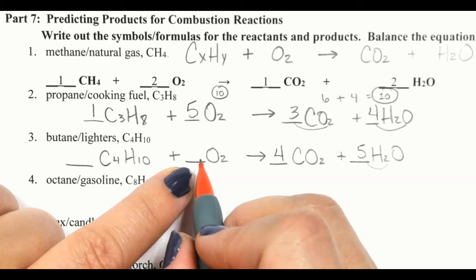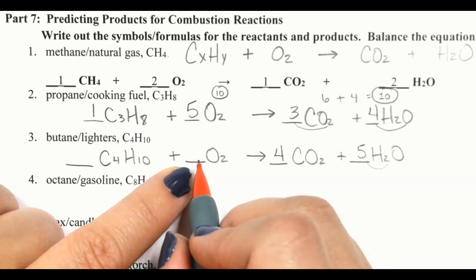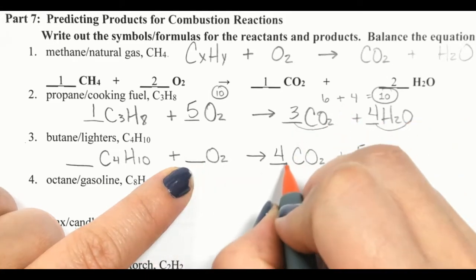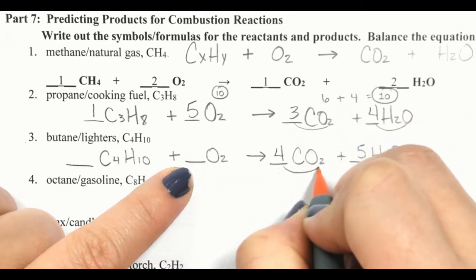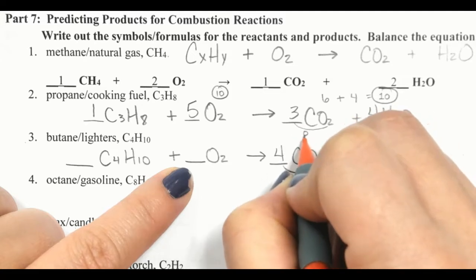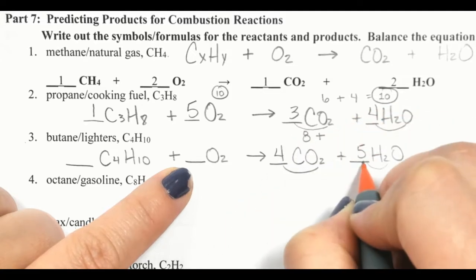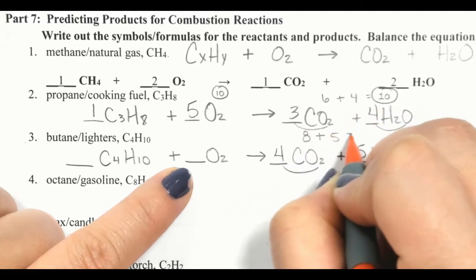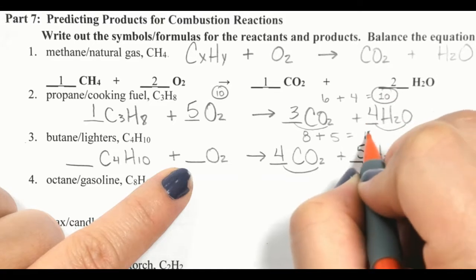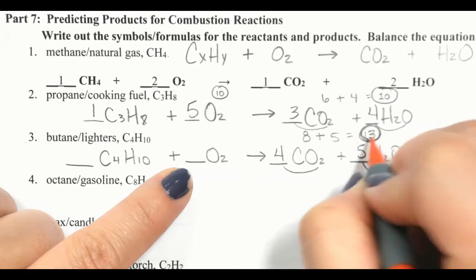Now the oxygens. We have 2 oxygens on the left, and we have a total of 4 times 2 is 8 plus 5 equals, and that's going to be 13.